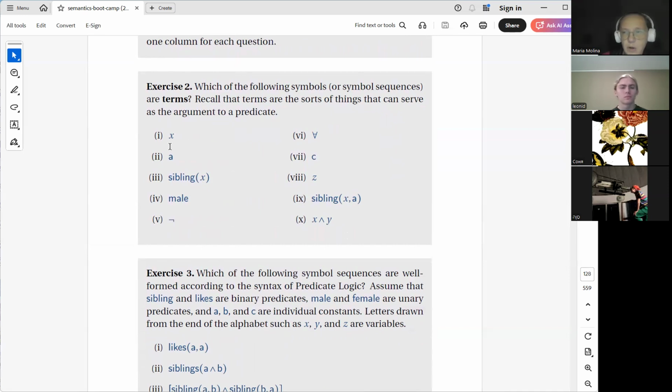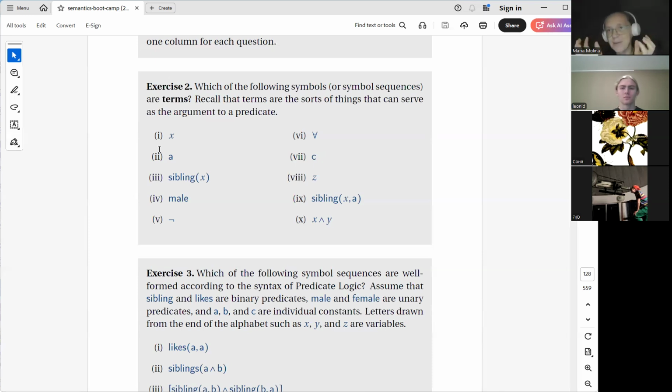X is a term or not? Can X be a predicate's argument? Guys, are we good?